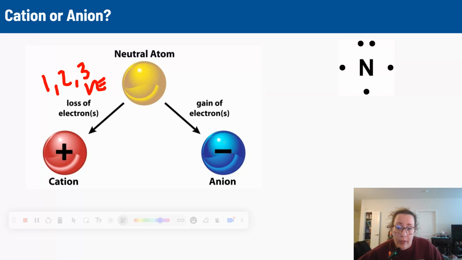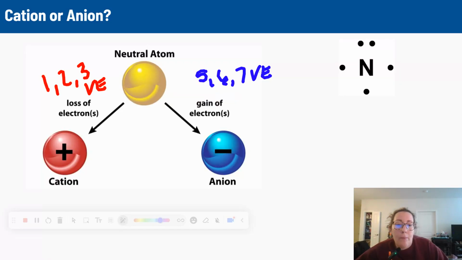The way I remember it is if you kick the negative person out of your friend group, it has a more positive vibe. If it has 5, 6, or 7 valence electrons, it's going to gain electrons and become an anion. If you are gaining negative charges, you are going to become more negative. If you bring a negative person into your friend group, you're just going to get bad vibes.